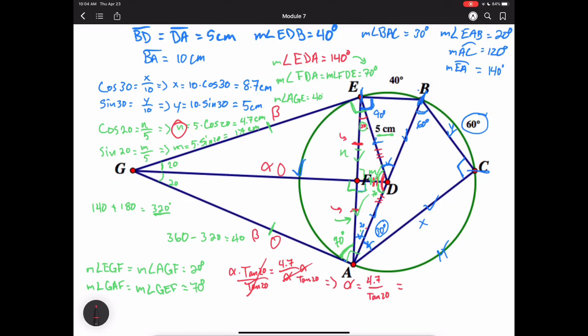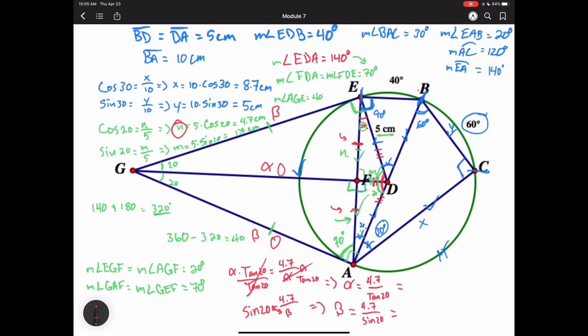So that is sine, so SOH, right? So the sine of 20 degrees is equal to the opposite side over the hypotenuse, which is, in this case, beta. Then I'm going to do the same thing where I multiply and divide, and I get beta is equal to 4.7 divided by the sine of 20 degrees.